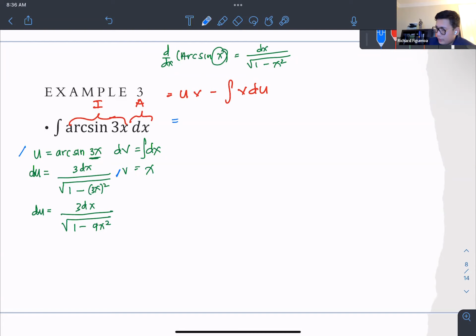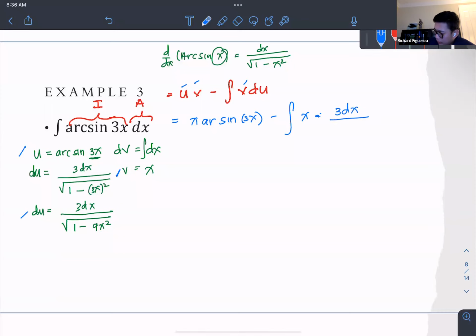So therefore, baliktarin ko lang, no? So x arc sine of 3x, that is our uv. Minus v du. So ang v natin is x, and ang du natin is 3 dx all over the square root of 1 minus 9x squared.